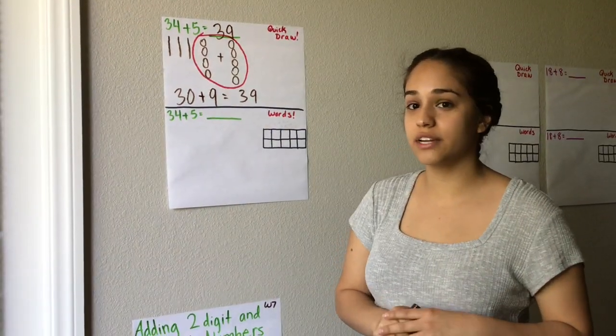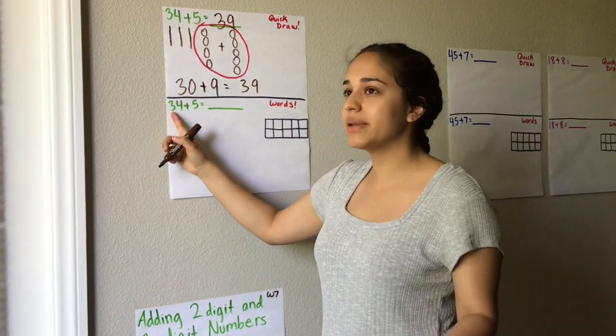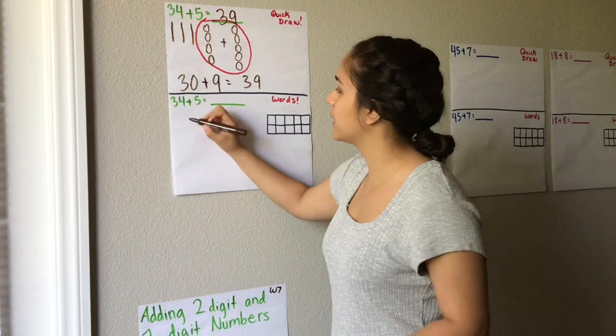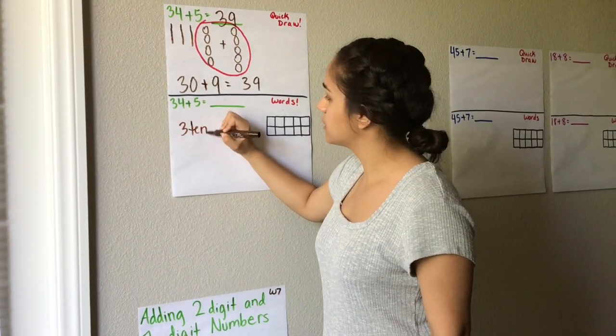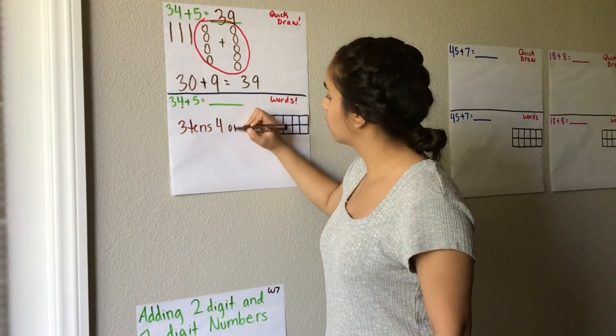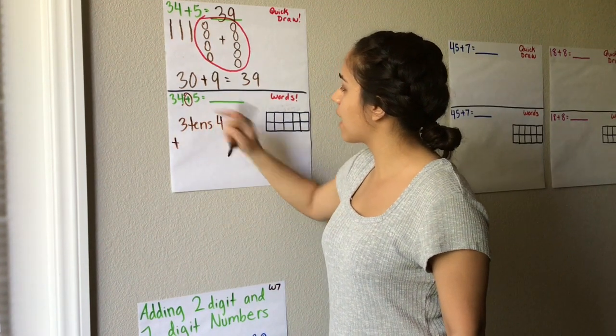The next way you need to know how to solve it is with your words. So 34 is how many tens and how many ones? I can look back to my picture. 34 is 3 tens and 4 ones, plus, don't forget the plus, 5 ones.